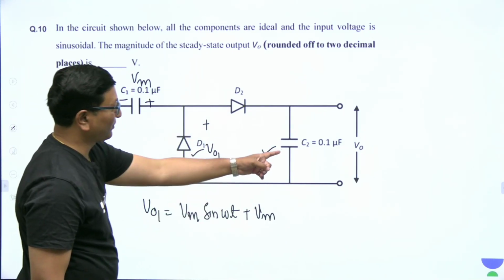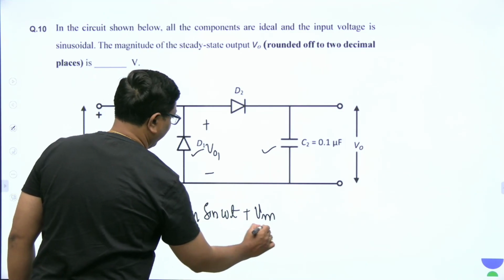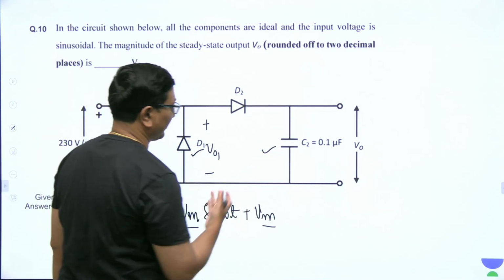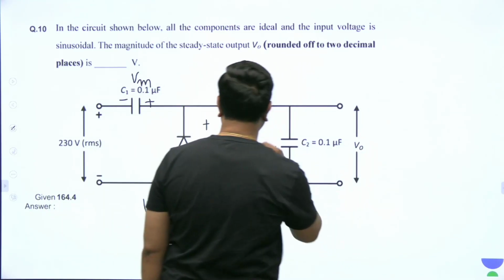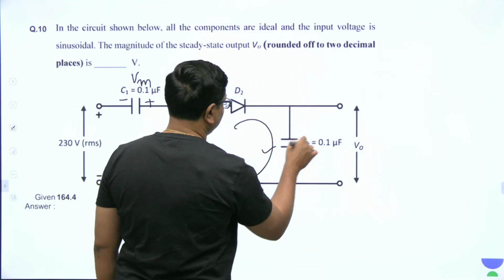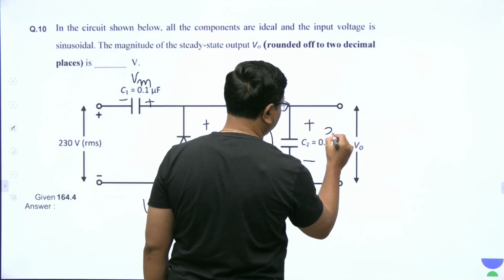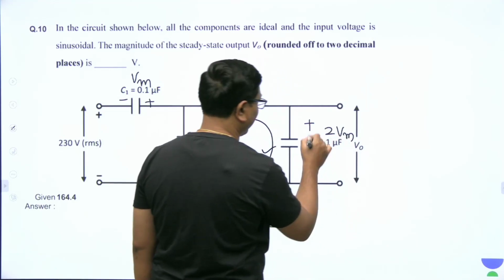Now look at the capacitor C2, it will charge up to 2 Vm, Vm plus Vm. Directly I am writing the answer because all the analysis we are well aware of. So once D2 is on, the current flows in clockwise direction and C2 will charge up to 2 Vm with polarities plus minus.